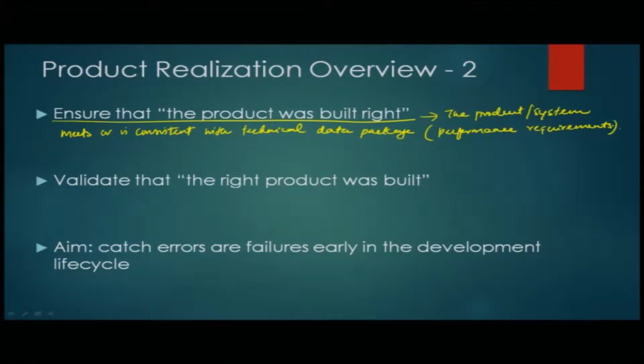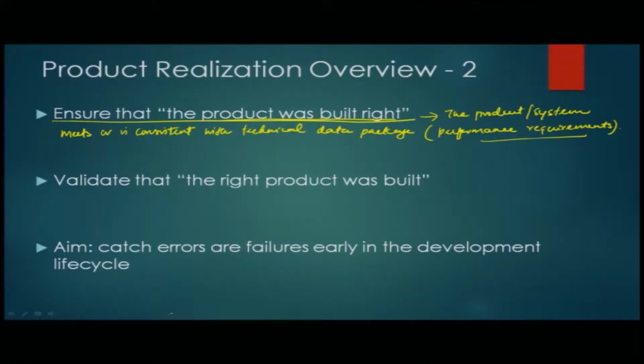So, you want to ensure that the product or system is consistent with the technical data package or the performance requirements. It meets the performance requirements, so that you have built the product right, the product was built right. That is the most important aspect of it.